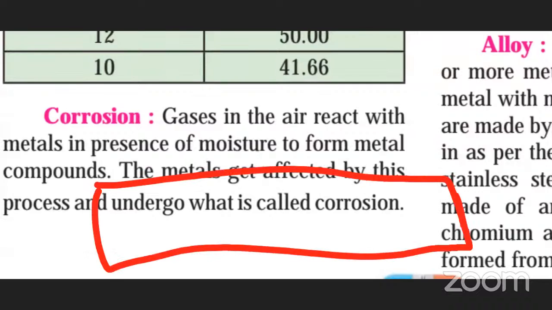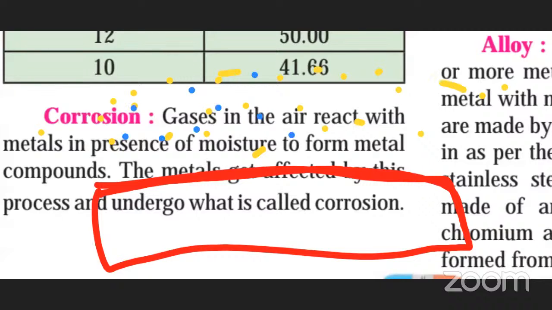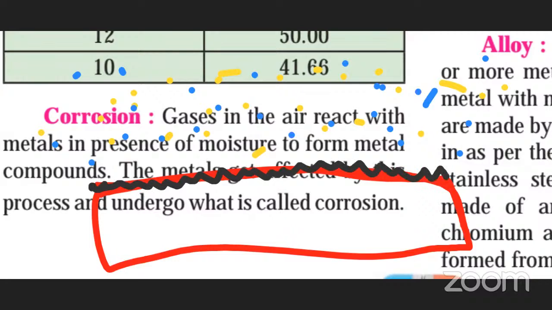Suppose this is any piece of metal, and air is present outside it, moisture is present outside it. So what will happen, the upper surface of the metal will react with the moisture and gases present in the air, and it will get corroded.